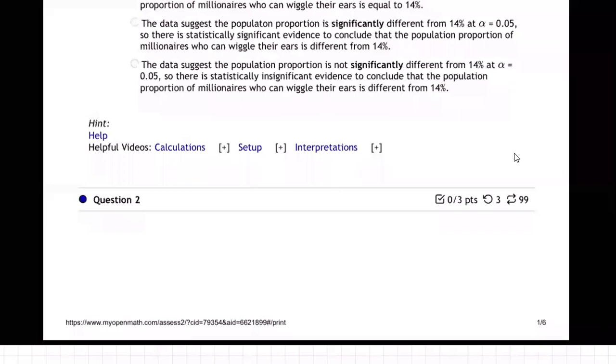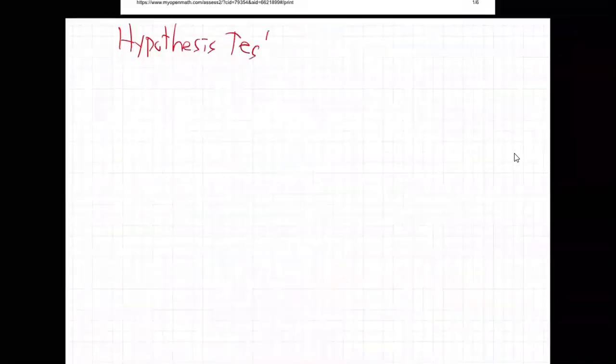But now let me reason with you in general about a hypothesis test. What is a hypothesis test? Why do we even do it? Before we get into the details, I want to give you the big picture. So think with me for a second.